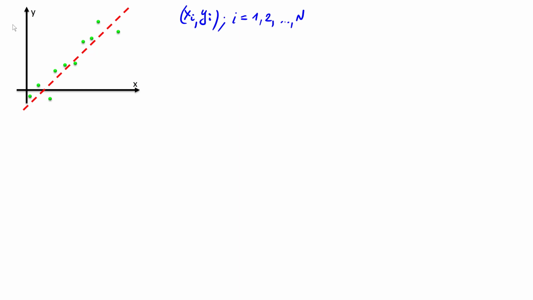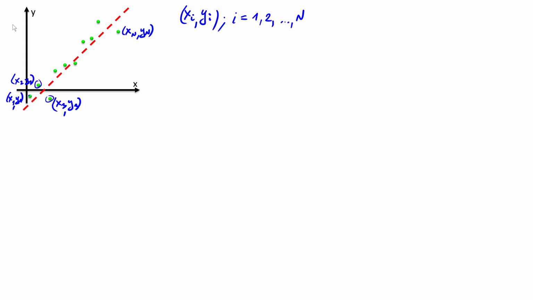So the first point will be x1, y1. Second point, x2, y2. Third point, x3, y3. And so on until the last point, which is xn, yn.